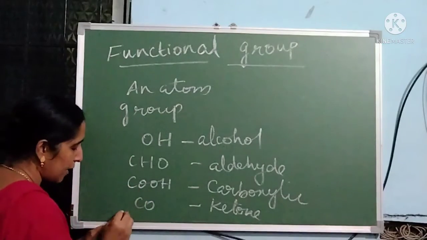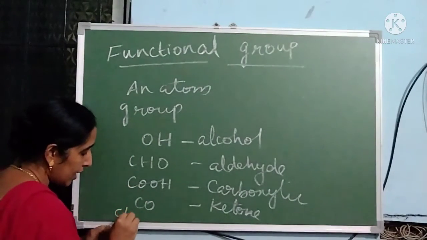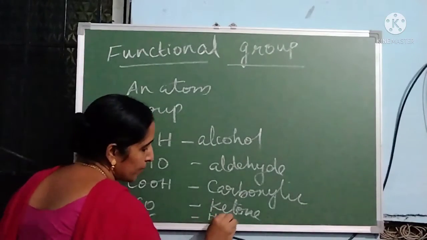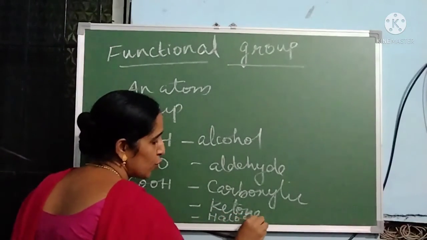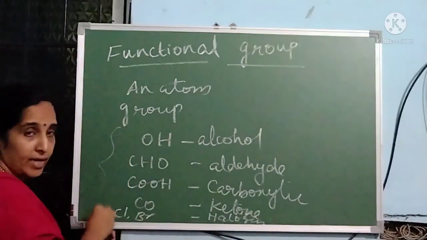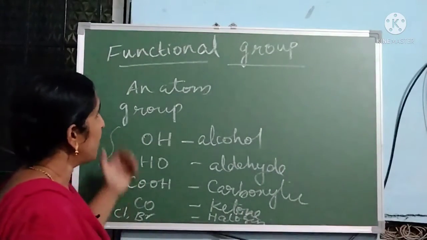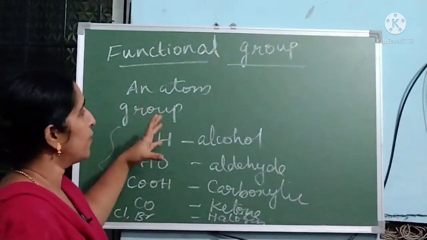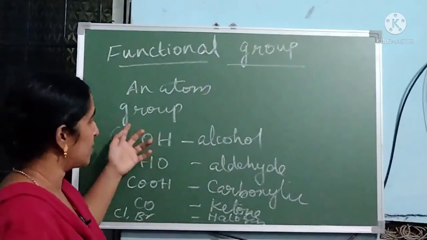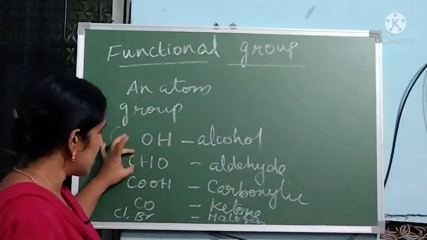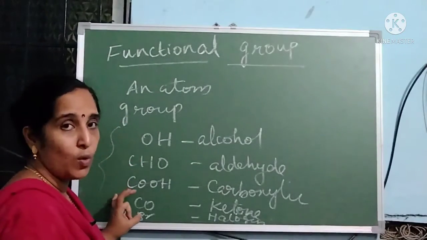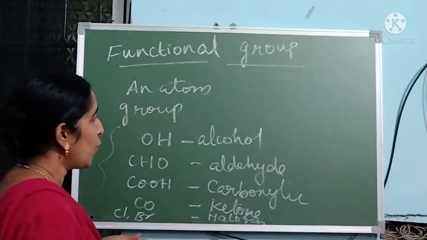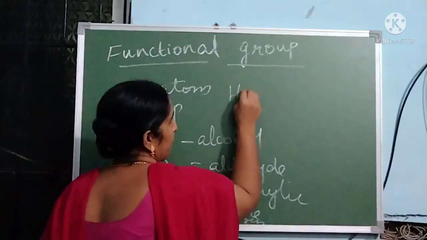Then there are also chlorine and bromine, which belong to the halogen group. So these are the main functional groups. A functional group is an atom or a group of atoms which is responsible for the characteristics of a compound. Examples are OH, CHO, COOH, CO, etc.